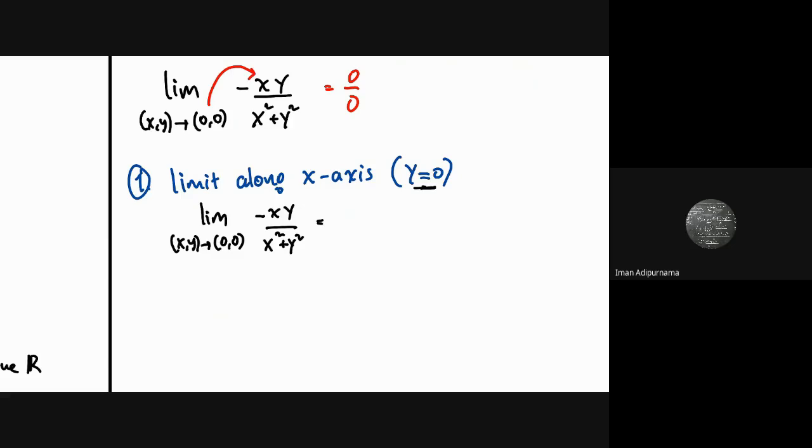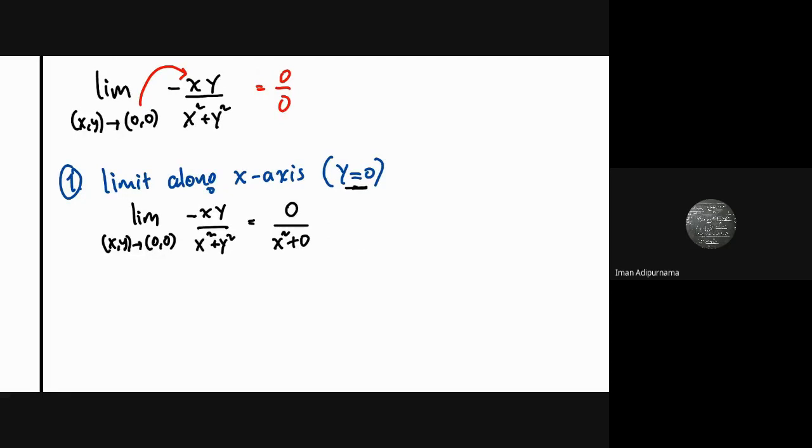So when y equals 0, the numerator will be 0. x is just a constant x, so it's a constant x squared plus 0, right? And because the numerator is 0, the limit will be 0.